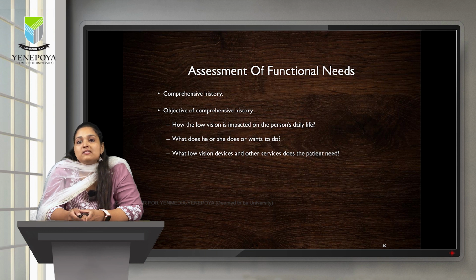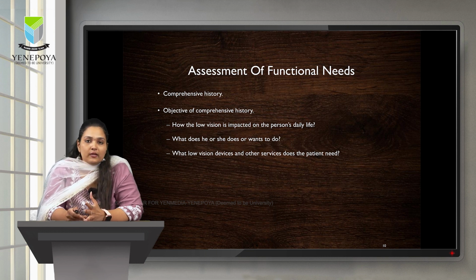Now, coming to the assessment of functional needs, first we need to take a comprehensive history. The objective of the history is to find out how the low vision is impacting the person's daily life, and what he or she wants to do.